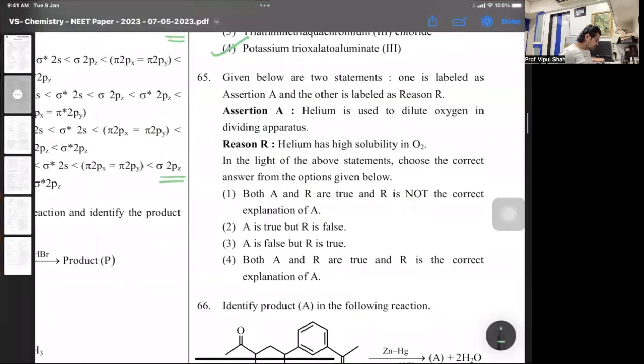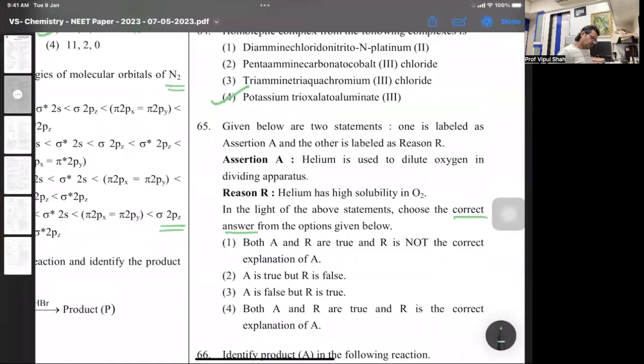Then 65, again the two statements are given below. Look at that. Choose the correct answer. It says over here, helium is used to dilute oxygen, it's not dividing, it's diving. In diving apparatus, that's a correct statement. And helium is highly soluble in water over there.